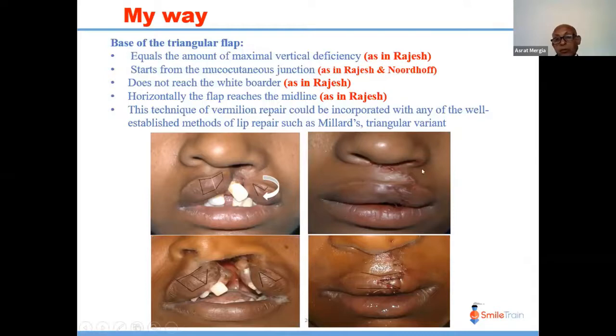Also, the pictures I show here are after Millard's procedure, but it doesn't matter whichever method you use, you can repair the lip and insert the vermilion in such a manner that you respect the fullness and the symmetry. Though my description is in Millard's, it doesn't necessarily have to be that way.